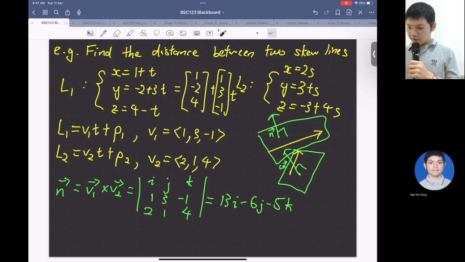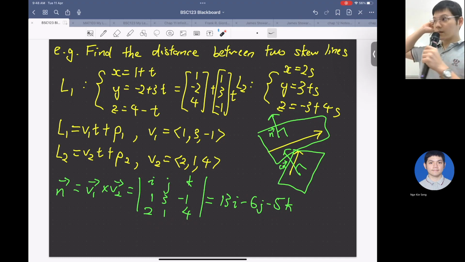If you don't write it down, you can quickly do the computation: 12 plus 1, then 4 plus 2, with the alternating sign, and then 1 minus 6, which is minus 5. So far okay. You got this normal vector here.